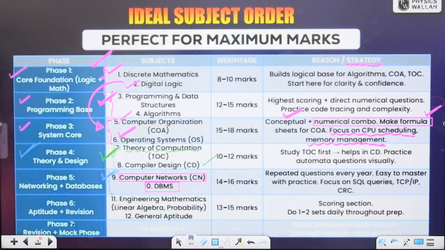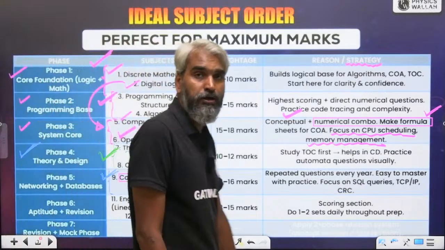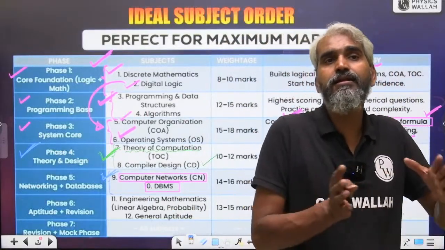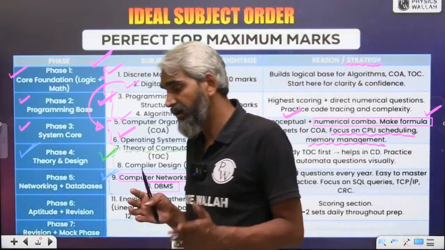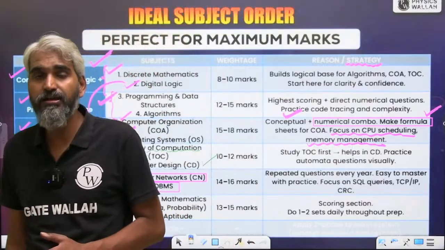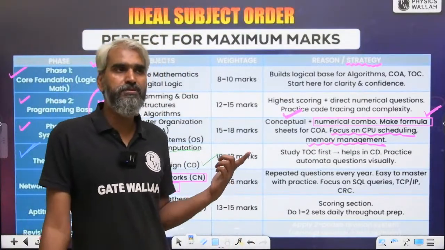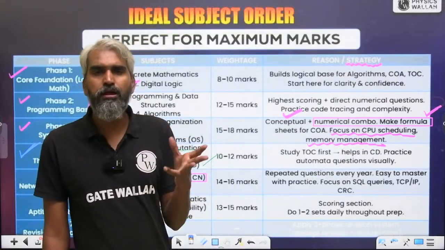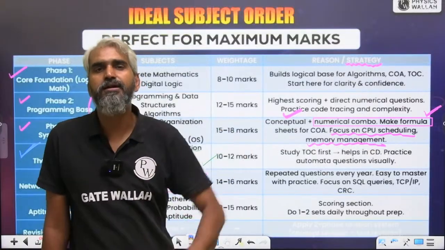None of them are required to understand the concept of computer network, and none of them is required to understand the concept of DBMS. But the questions that are being asked from computer network and DBMS are quite static in nature. When I say quite static in nature, the questions of these two subjects will be purely based on the concept that we discuss in the class.